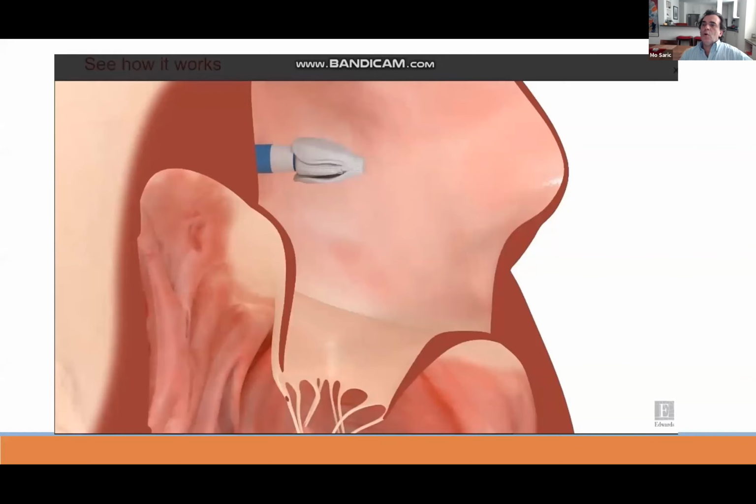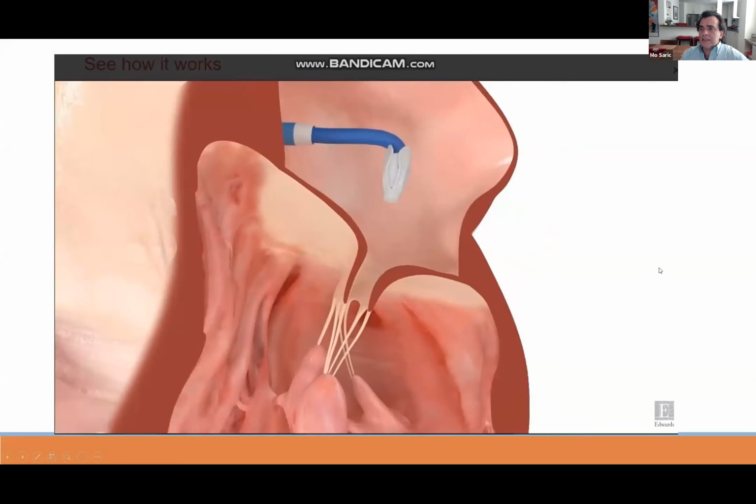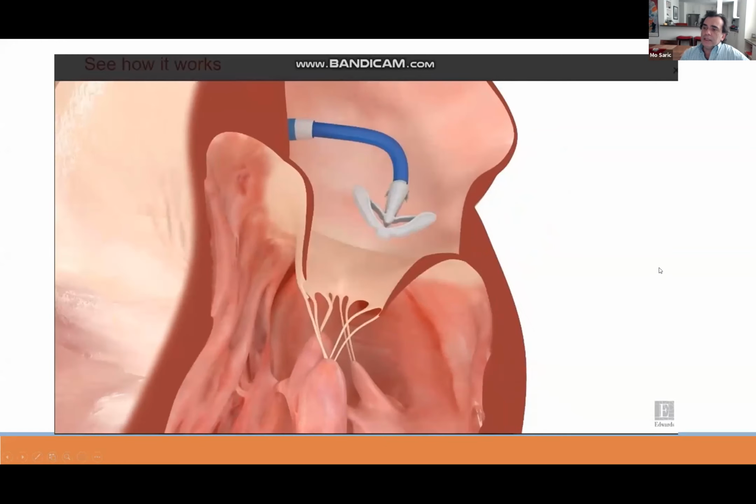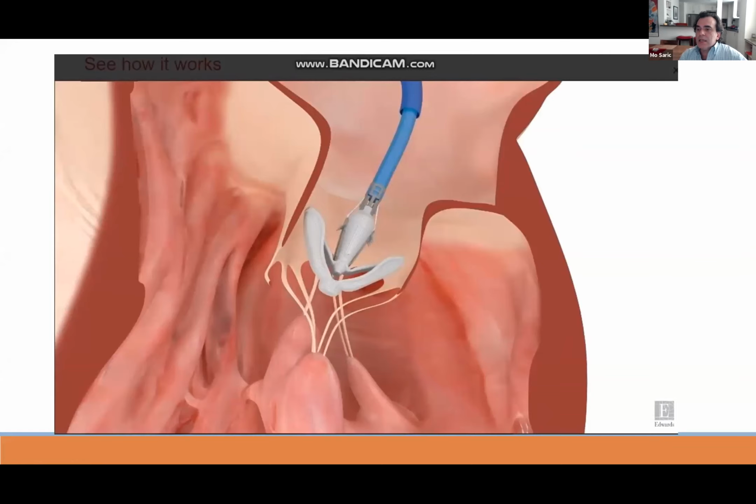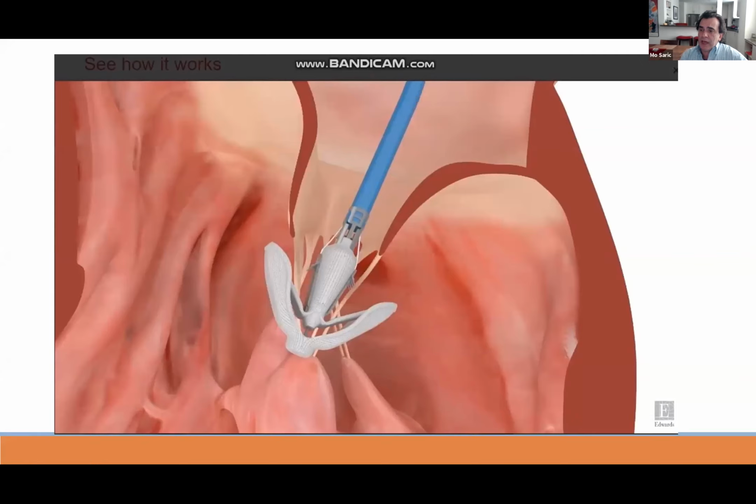Now we can fold it into an implantation-ready assembly. Then we advance this folded catheter toward the mitral valve, and we can open the clasps or the paddles, and advance it in the open position through the native mitral valve.